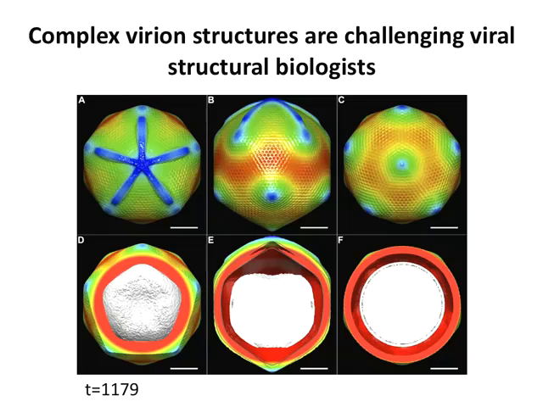And because they show up differently on the cryo-EM, that's why they're colored blue here, the interactions must be different amongst those proteins than amongst all the other proteins in the rest of the capsid. So another example of how you can have very specialized regions of even an icosahedral shell that allows you to do specialized functions. So the title of this is Complex Structures Are Challenging Viral Structural Biologists.